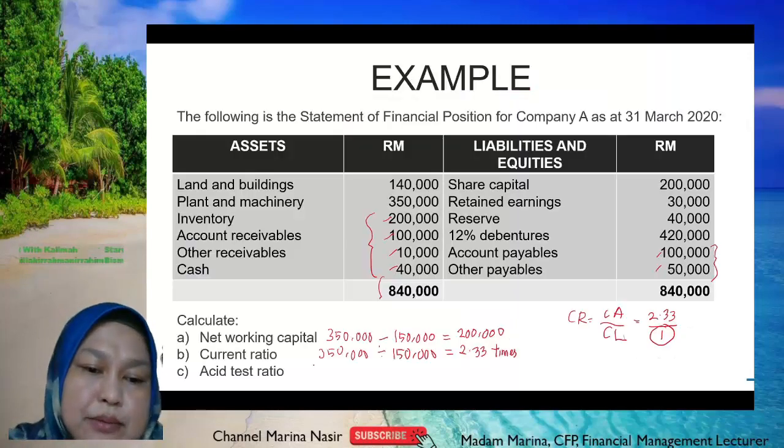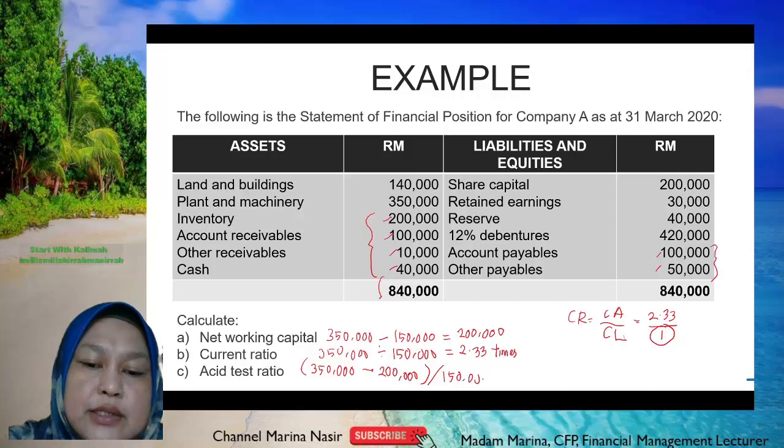So current asset we have 350,000 minus inventory 200,000, divided by 150,000 for current liability. So our answer is 1 times. Our quick ratio, quick asset divided by current liabilities, equals 1.0 over 1.